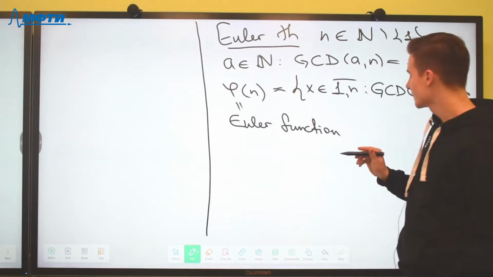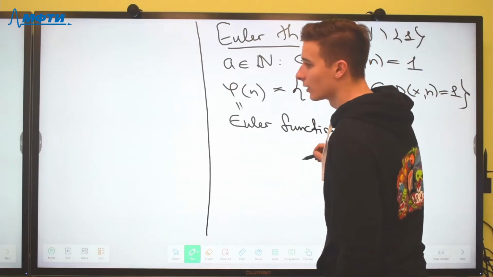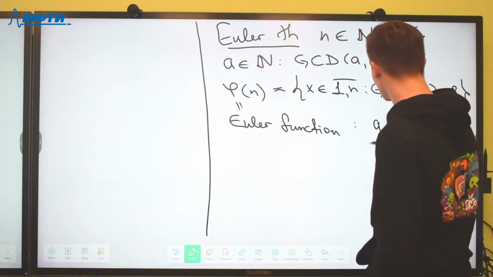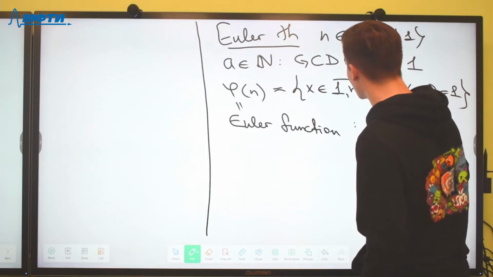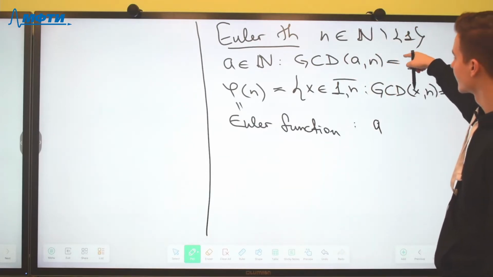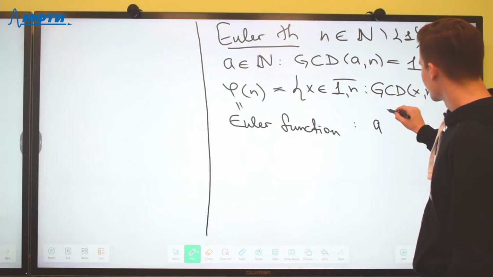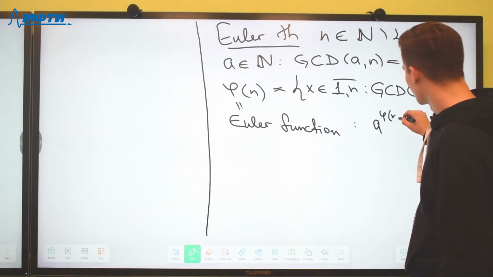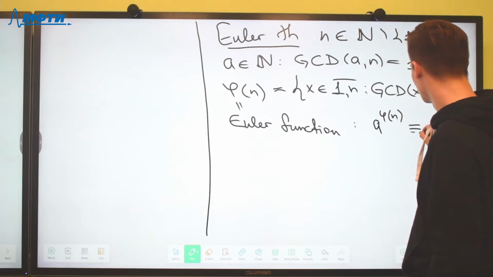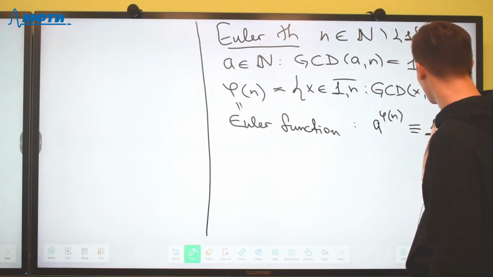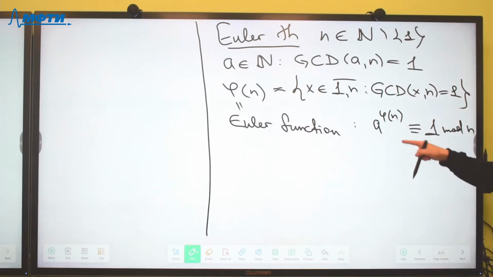So, the consequence from these conditions is that a to the power phi of n is equal to 1.